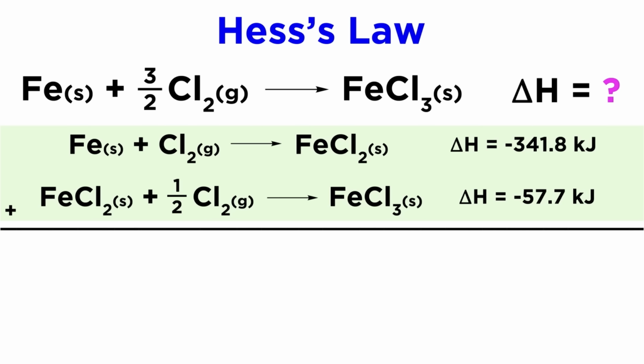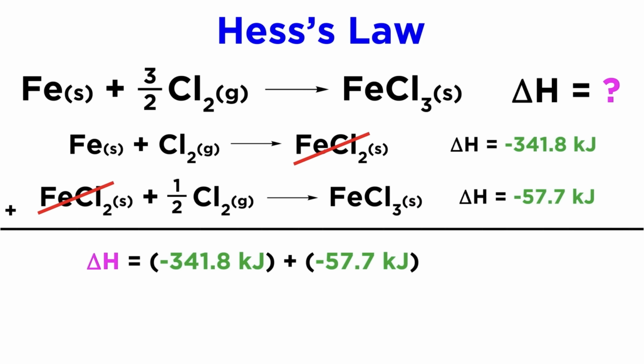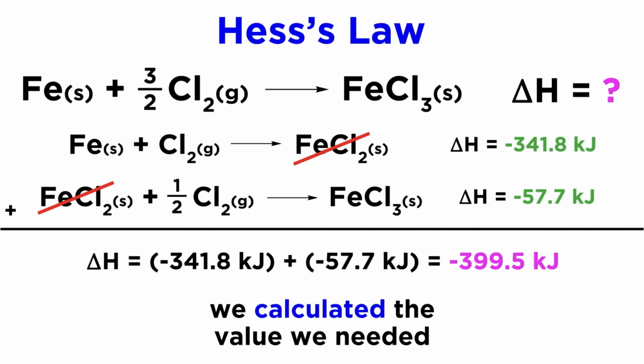We can make use of these equations by adding them together, because if we combine them, FeCl2 will cancel out. 1 mole plus a half a mole of Cl2 will give us 3/2 moles of Cl2, and we end up with the reaction in question. Because we added these reactions together, we simply add up their delta H's, and we get negative 399.5 kilojoules, which must therefore be the enthalpy of formation for FeCl3.